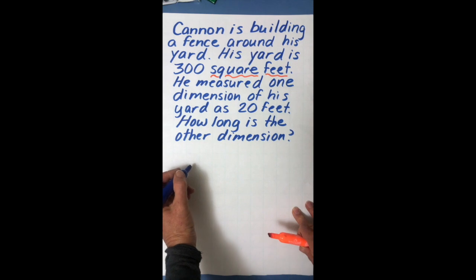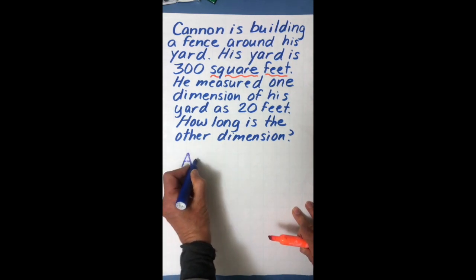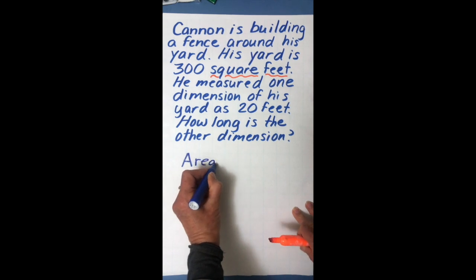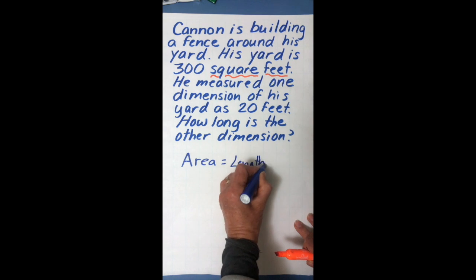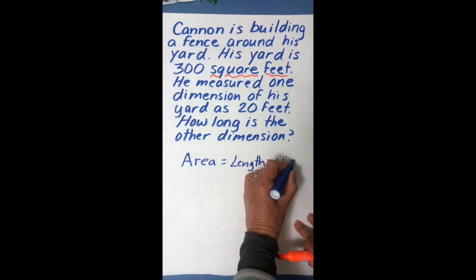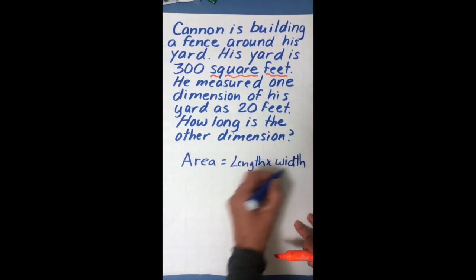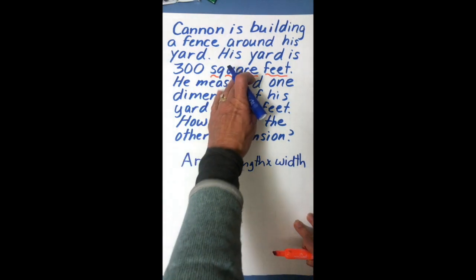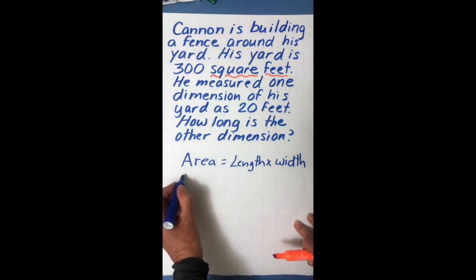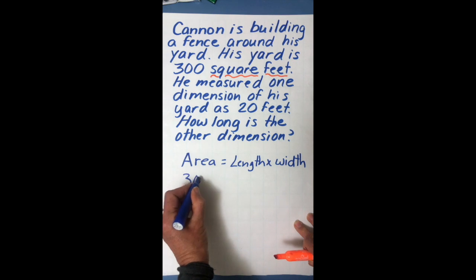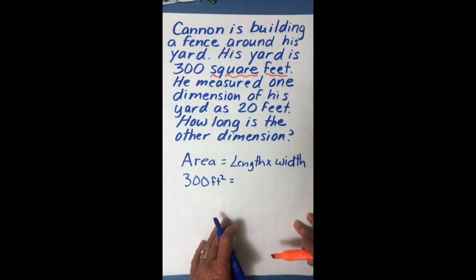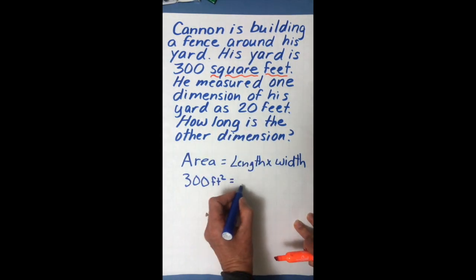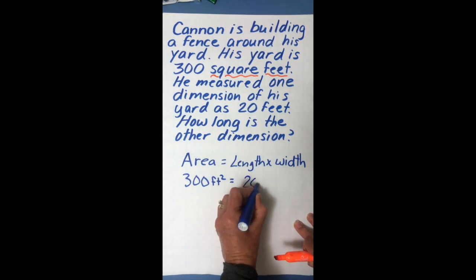So perimeter plus, it's the frame of the window. Area is the squares, don't have squares. Or length times width. So I know area is equal to length times width. And it says the area is 300 square feet. So I have 300 feet squared is equal to, well, they've given me that length, so I'll put 20 feet.